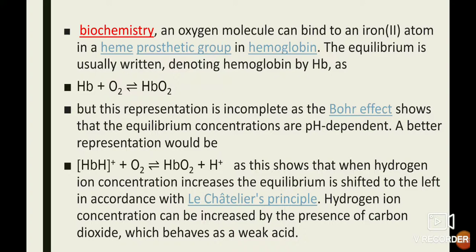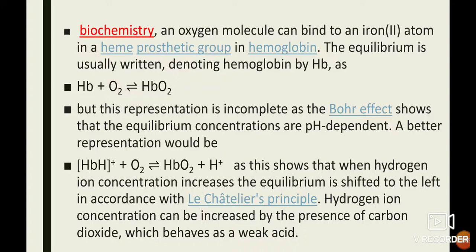What is the Bohr effect? The Bohr effect is a physiological phenomenon first described in 1904 by the Danish physiologist Christian Bohr. Hemoglobin's oxygen binding affinity is inversely related both to acidity and to the concentration of carbon dioxide.